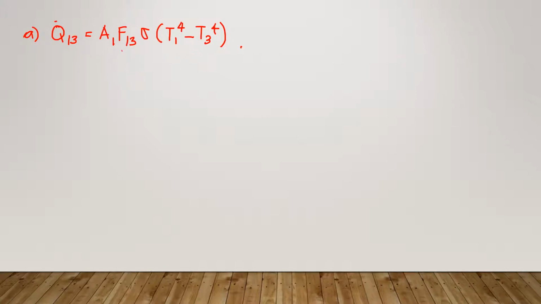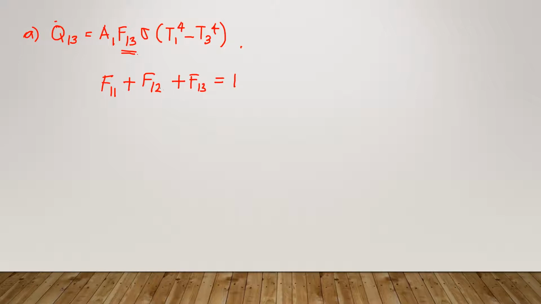Now what we have to do is to find the view factor F1 to 3. From the summation rule, we know that F1 to 1 plus F1 to 2 plus F1 to 3 is equivalent to 1.